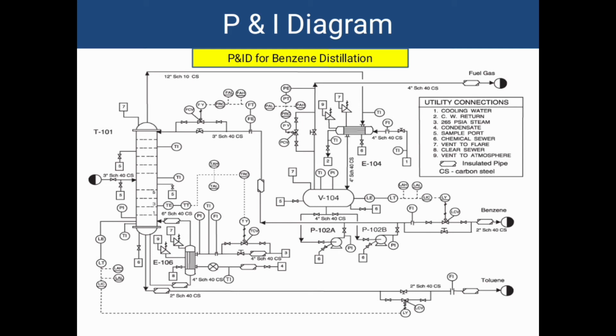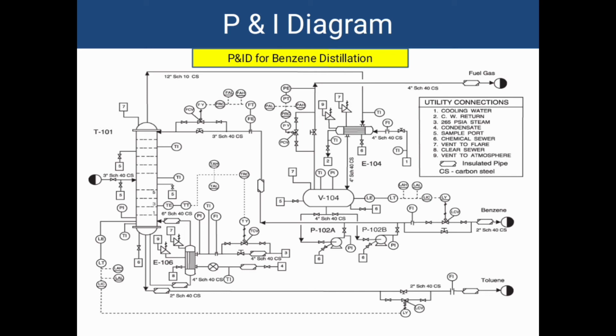From the reflux drum, fuel gas is separated, and at the bottom of the reflux drum, the product is drained and pumped. One part of the product goes to the distillation tower as reflux and another part goes to storage, and at the bottom of the distillation tower the toluene is obtained.